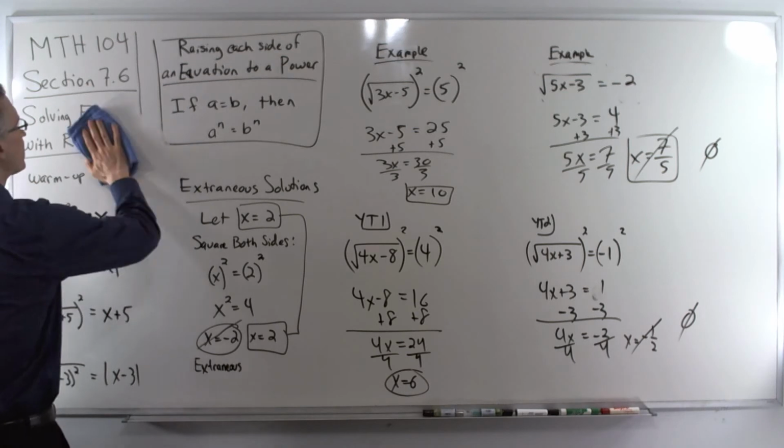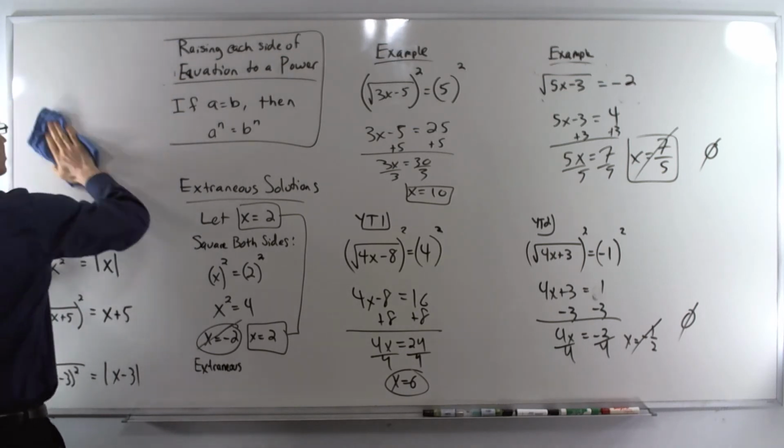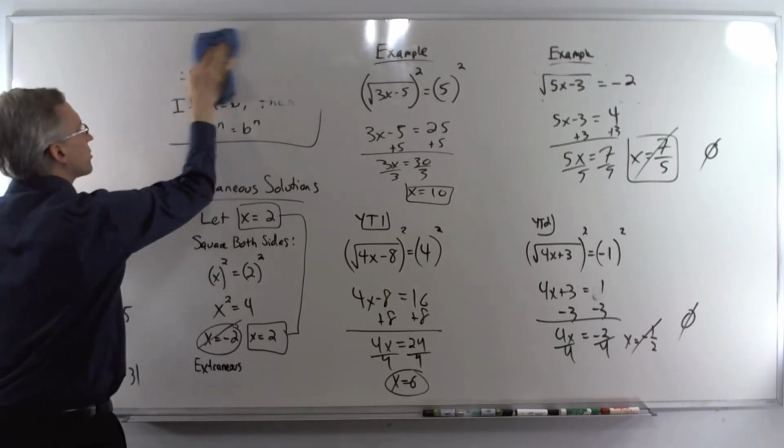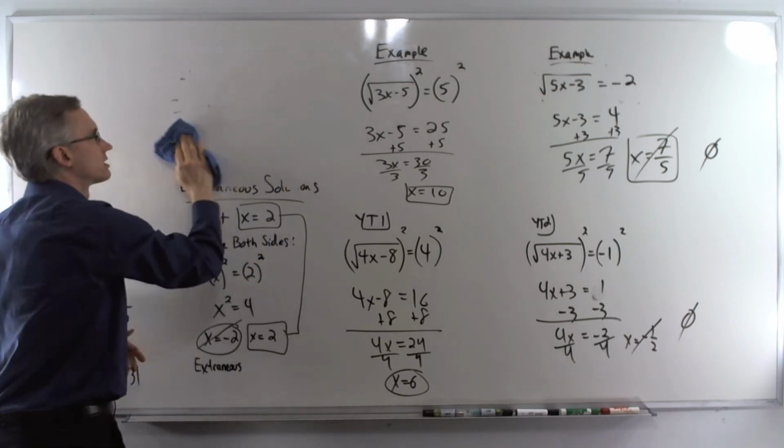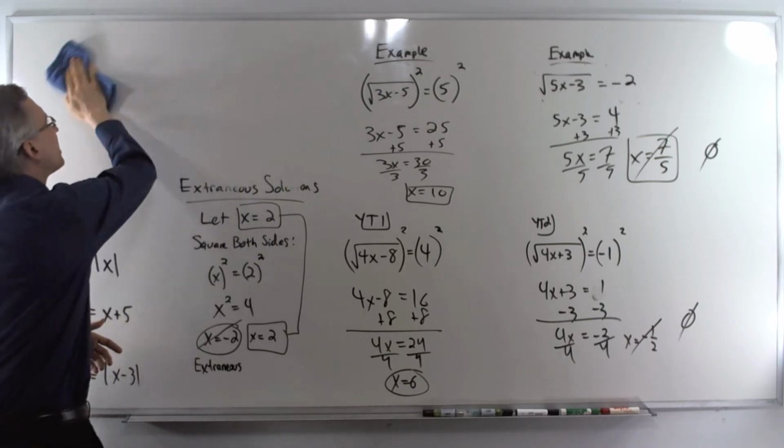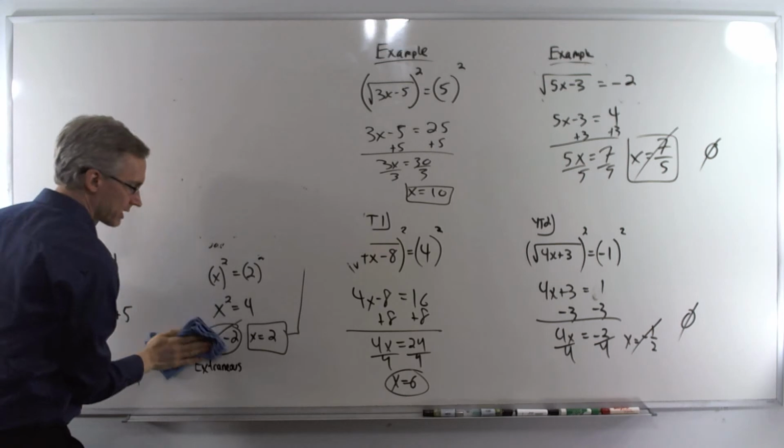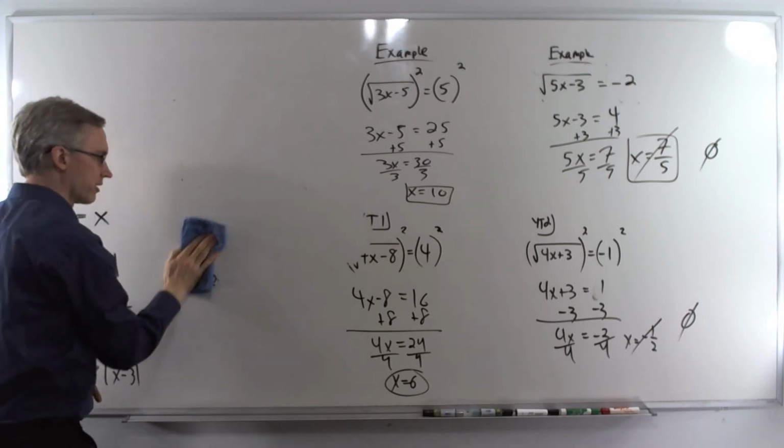All right, so in all the ones we've seen so far, the radical has started off by itself on one side of the equation, but that's not always the case. So if it's not, we're going to start by isolating the radical. Get it all by itself on one side of the equation.